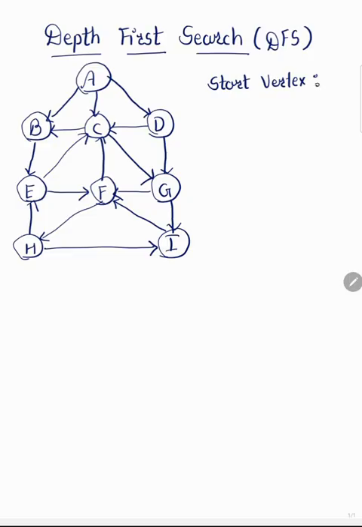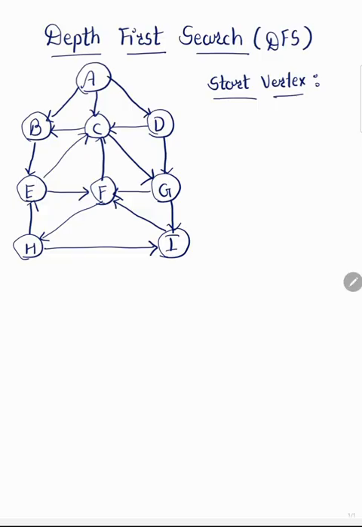That would be easy. Usually we can start with A itself, but it's not a rule that we need to start with A. We can start with A, B, C, anything. But here you need to mention what you are going to start with.